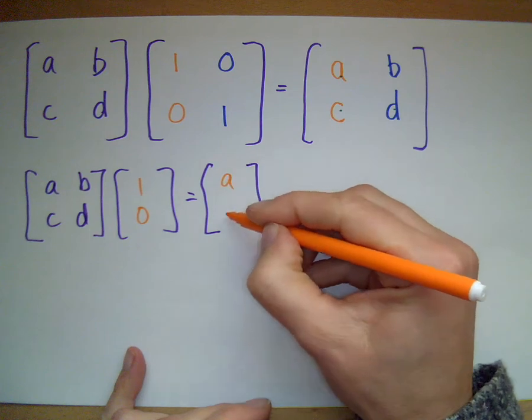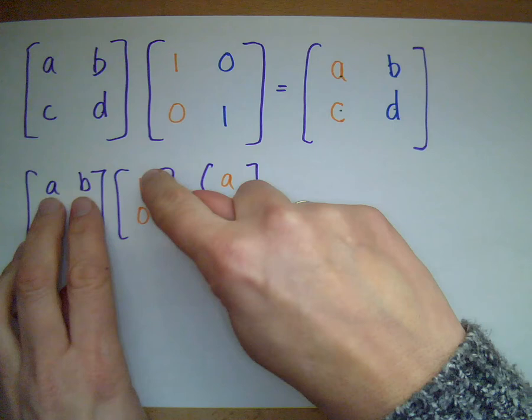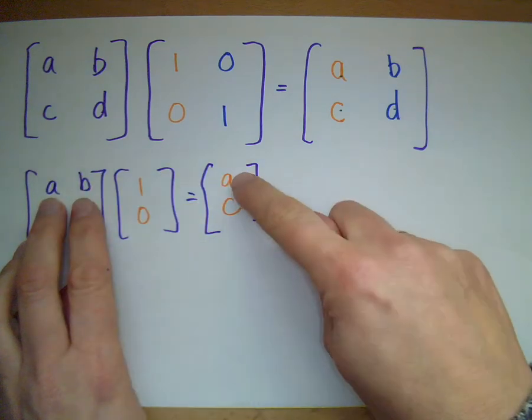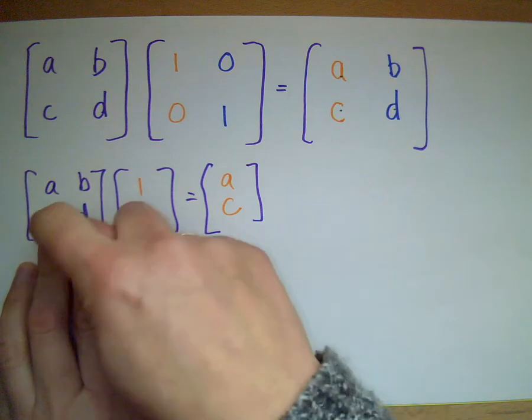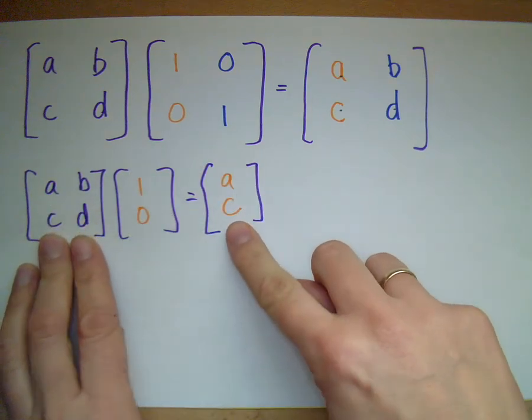A, C. Do I need to prove it? A, B, there's 1, 0, 1A, 0B. So A, then we do this one, C times 1 is C, D times 0 is nothing, voila, there we go.